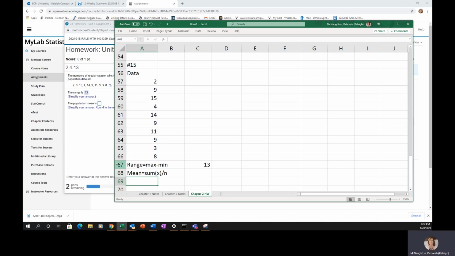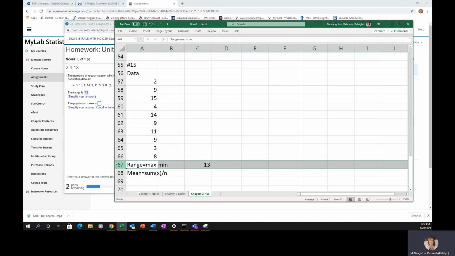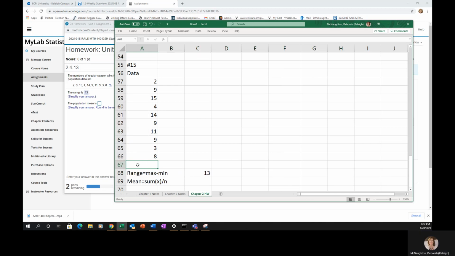So I'm going to insert a line here by right-clicking and just inserting. So I can do the sum. So here we can just auto sum this. So this equals sum of x. Okay.